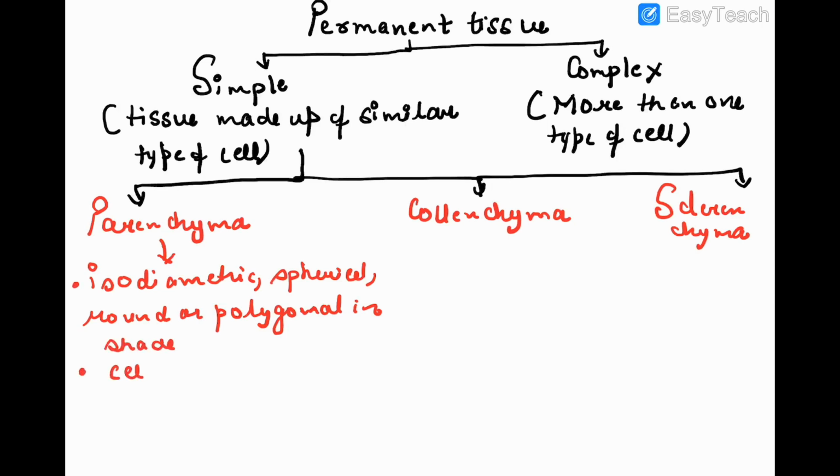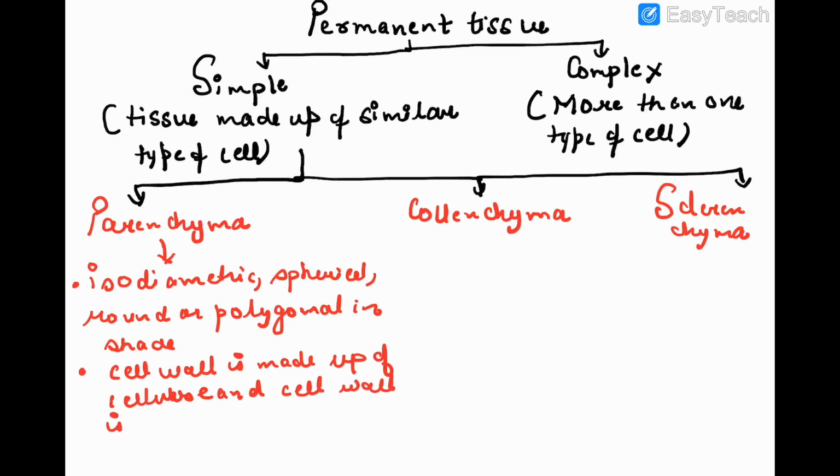Cell wall is made up of cellulose and cell wall is thin. Cells are closely packed or have little intercellular space.